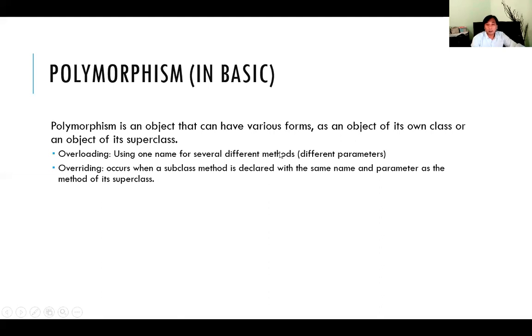You can define this kind of condition if you are using different parameters. And the overriding concept occurs when a subclass method is declared with the same name and the same parameters as the method of its superclass.